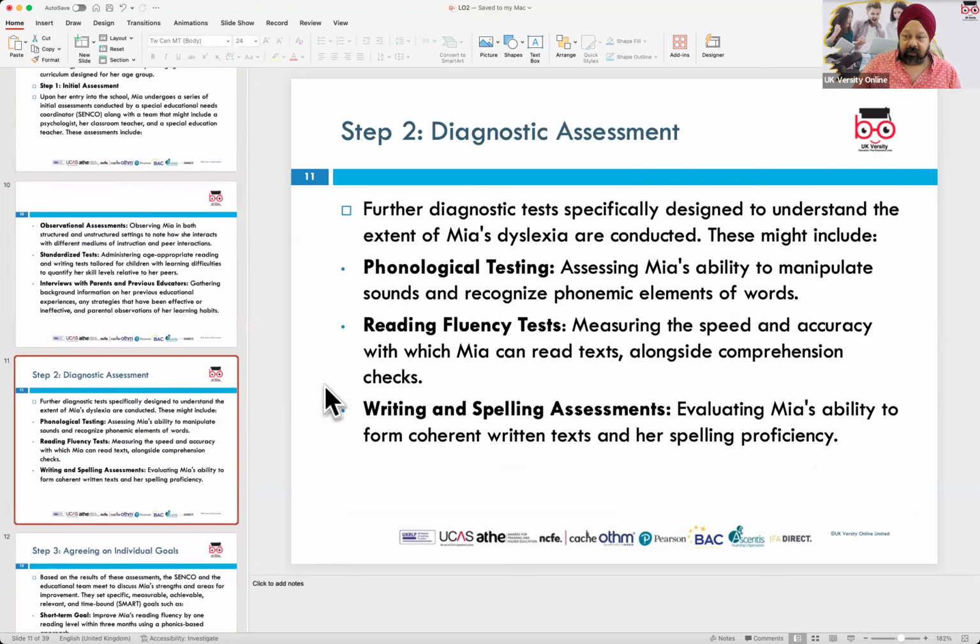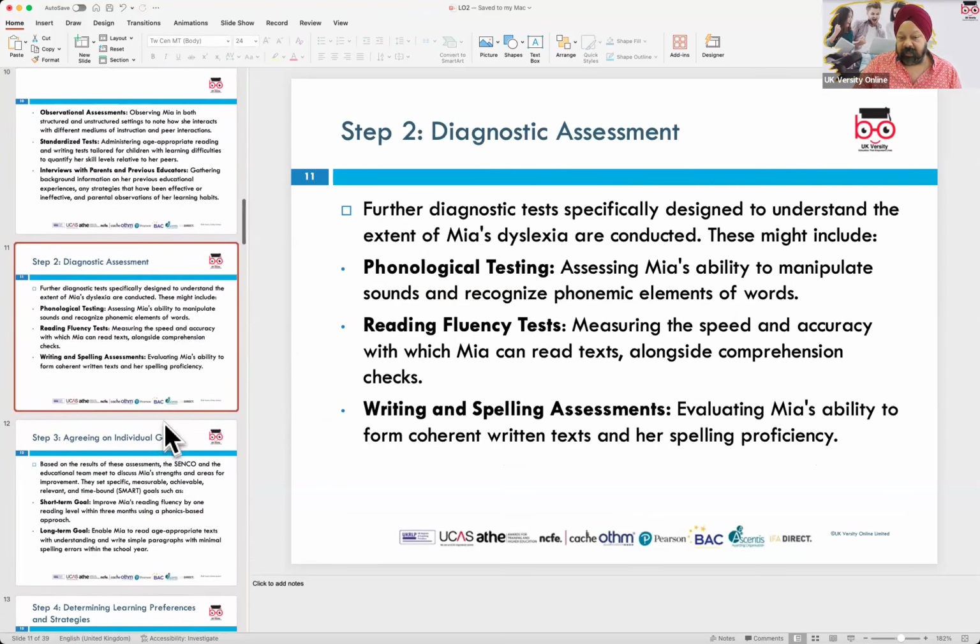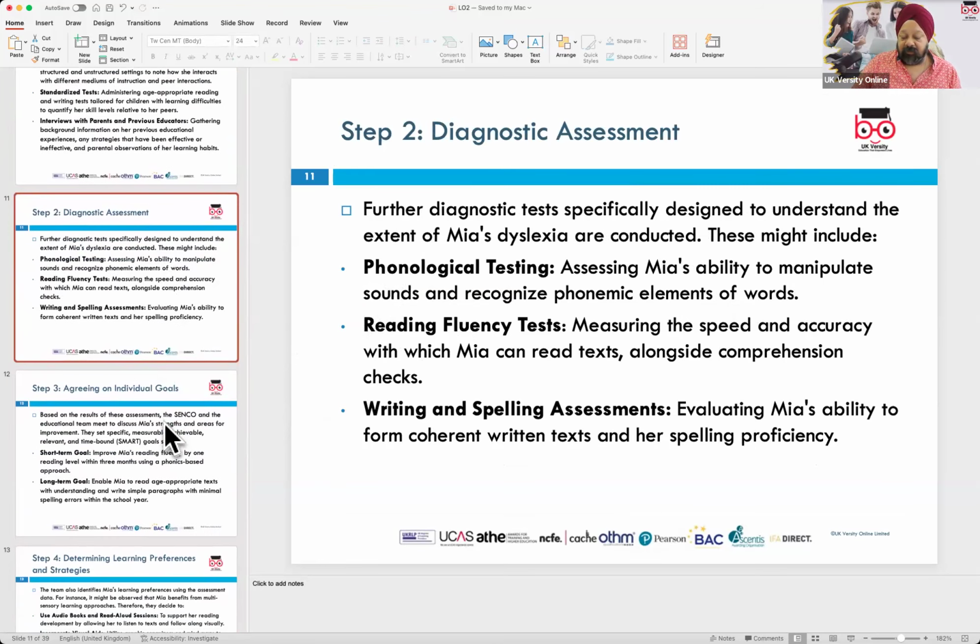In the case of dyslexia, we look at phonological testing, reading fluency tests, and writing and spelling assessments. They would give us a very clear idea of Mia's ability and the severity of her disability, according to which we'll be able to put in place the additional resources and support that she needs to cope with these sessions in the class.